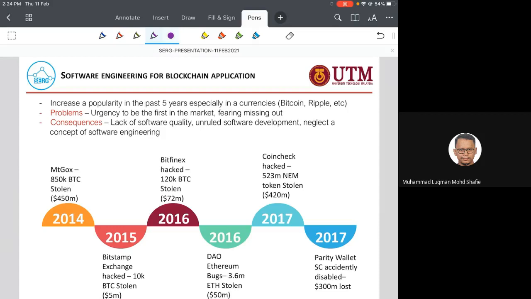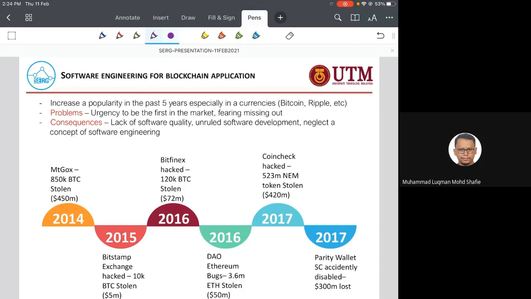Okay, this is actually where the problems occur for Bitcoin applications. We don't talk about the blockchain technology itself. As I said earlier, the blockchain technology itself is very secure, immutable and so on. The block is very secure, almost impossible to be hacked.